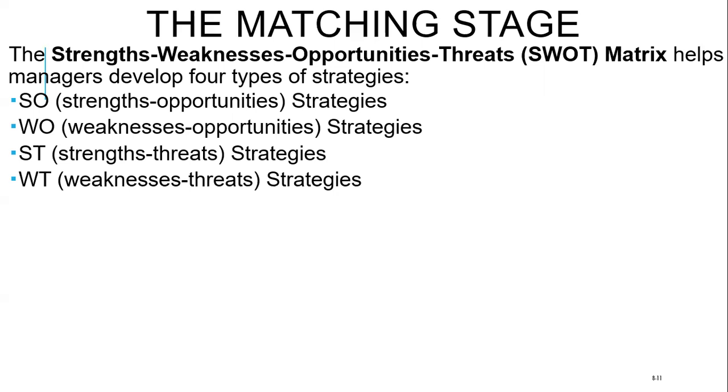Then the last option, as far as this SWOT analysis matrix is concerned, is the weakness threat strategy. The rationale of the weaknesses threat strategy is to minimize or mitigate internal weaknesses whilst avoiding external threats.